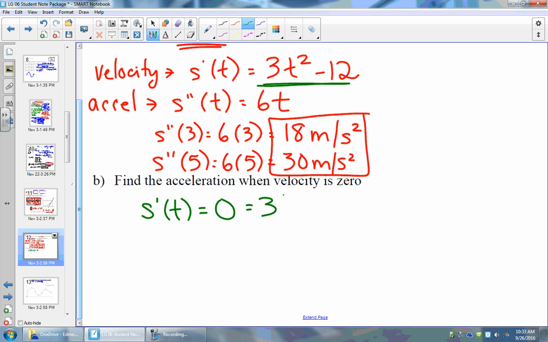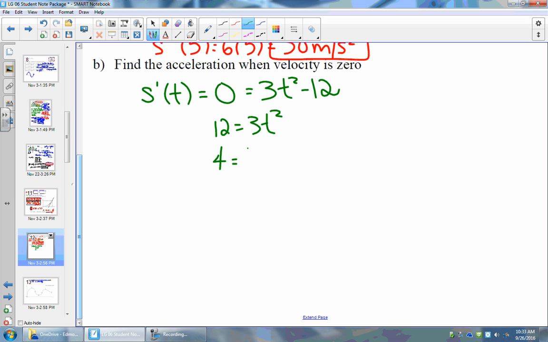So we're setting 3t squared minus 12 equal to 0. So when we solve that, add our 12, divide by 3, square root it. Now, obviously, that's going to give us positive and negative 2, but remember, we're talking time, so we're only looking at 2 seconds.